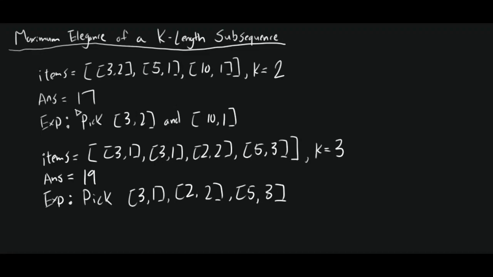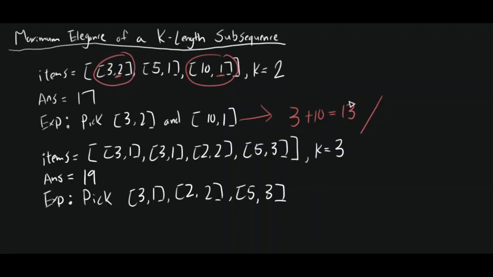So in this case, the answer is 17 because you can pick the third one and the first one like this. The sum of the profit is 3 plus 10, which is 13, and the distinct number of categories in there is 2, because 1 and 2 are different numbers.